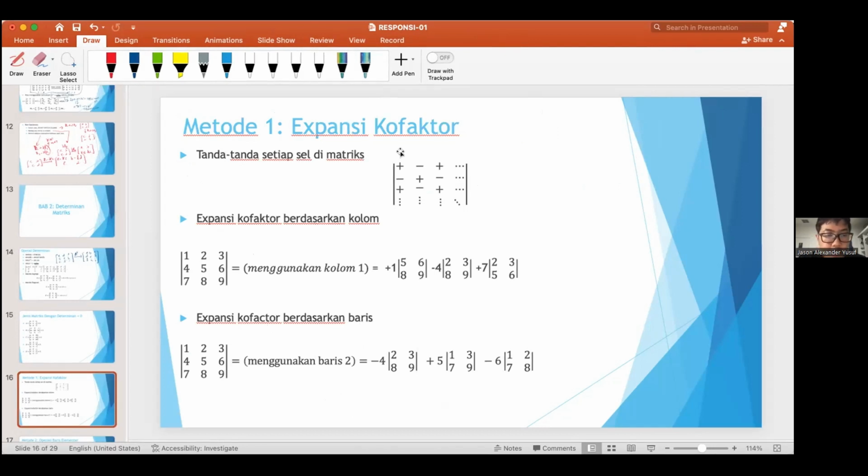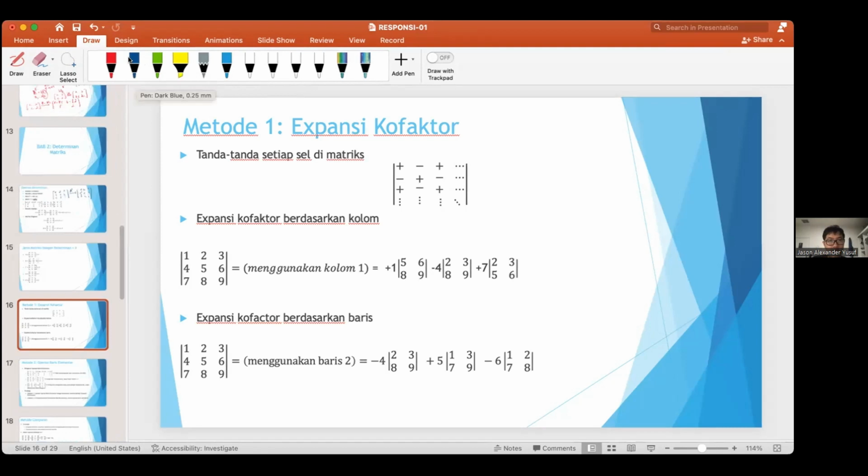The first one would be cofactor expansion. The first thing that you should do is to identify your matrix, and then if you're still confused, assign a plus and minus to each of the cells. So let's say we have a 3 times 3 matrix like this.